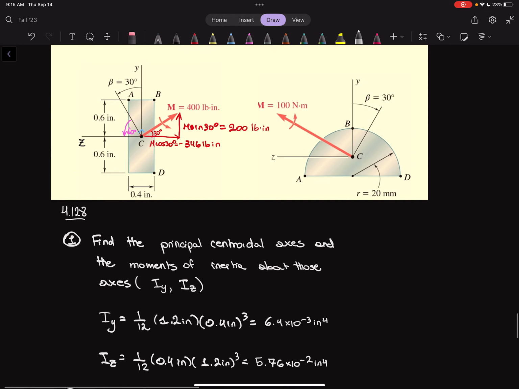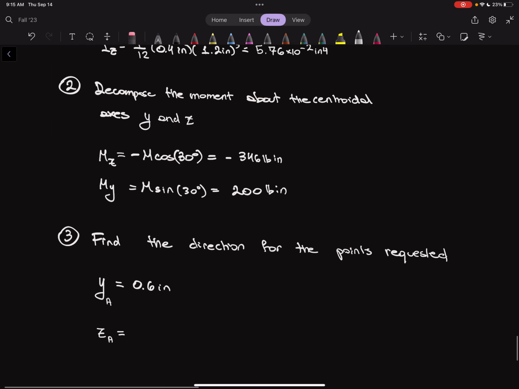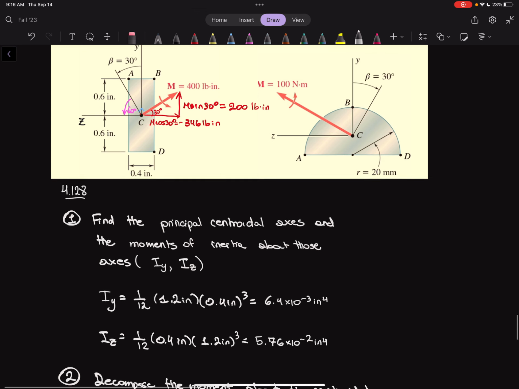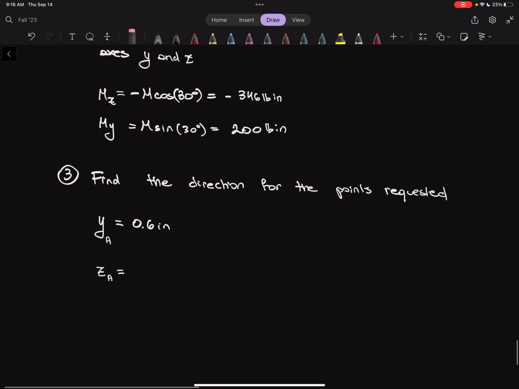This is where you can make mistakes with the signs. And z_A is the distance along the z-axis from the y-axis, and for A, it's in the positive z direction, that is 0.2, half of that side.